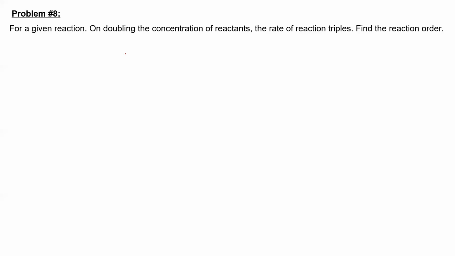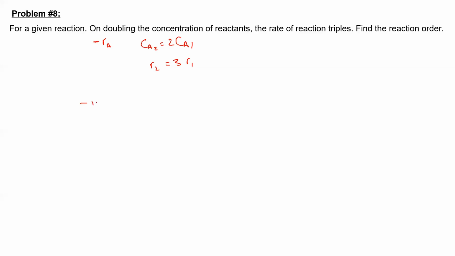So I have a reaction, whatever it is, on doubling the concentration of reactants. So let's say I have minus RA. If CA2 is equal to 2 CA1, then that means that R2 is equal to 3 R1, right? So if I double the concentration of reactants, the rate of reaction triples, right?